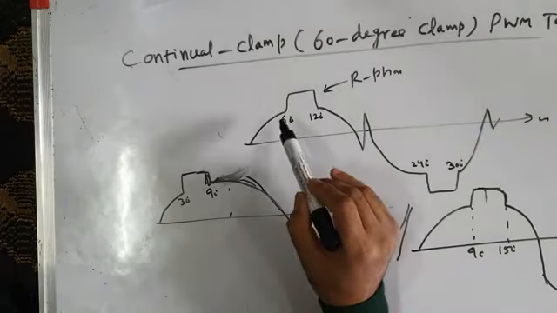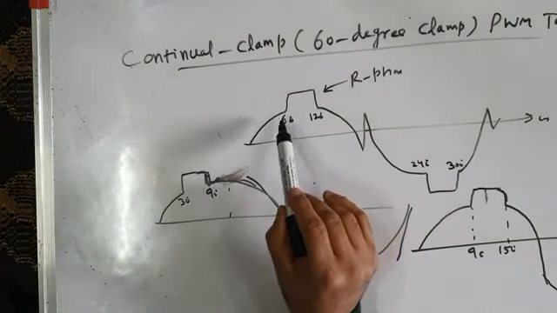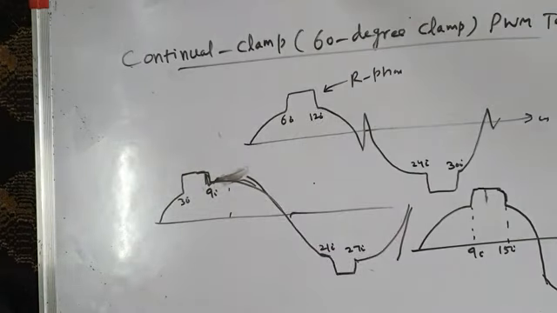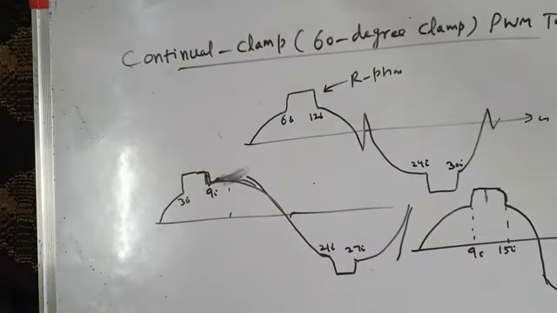In the first case, the clamping of a particular phase was done in the middle of the half cycle, say from 60 degrees to 120 degrees in the positive half cycle and 240 to 300 degrees in the negative half cycle.